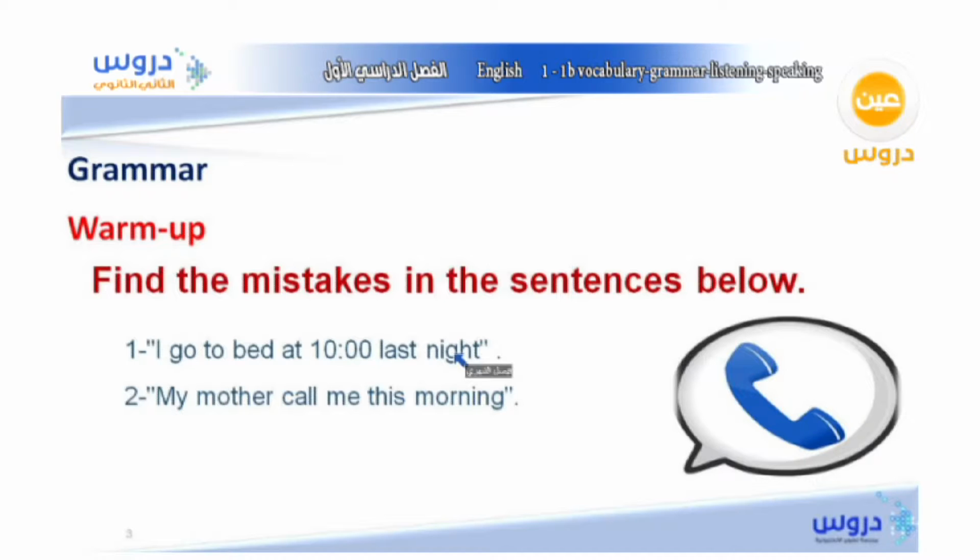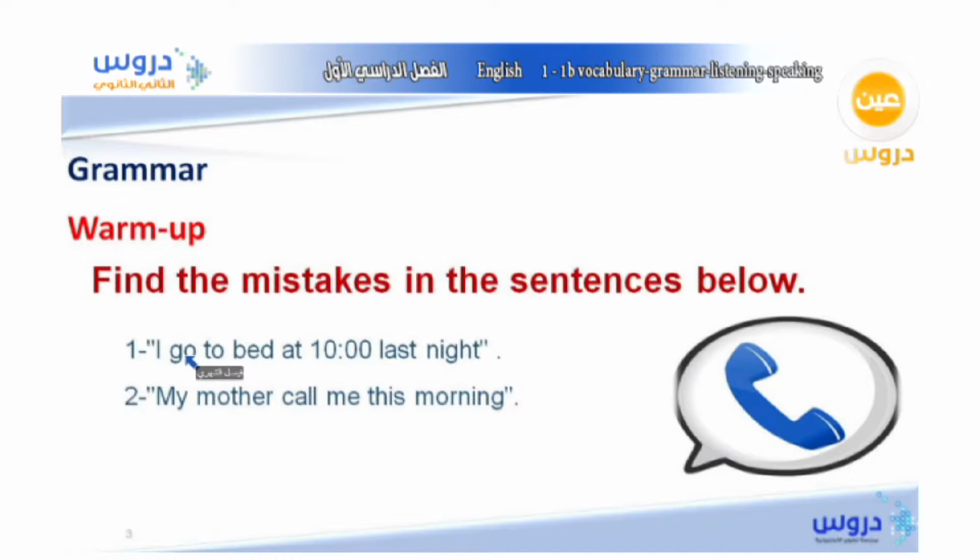Subject, verb, and complement of the sentence. And sometimes I know the tense through the last 2 words, right? So last night indicates past tense, and we cannot use the base form in the past tense.